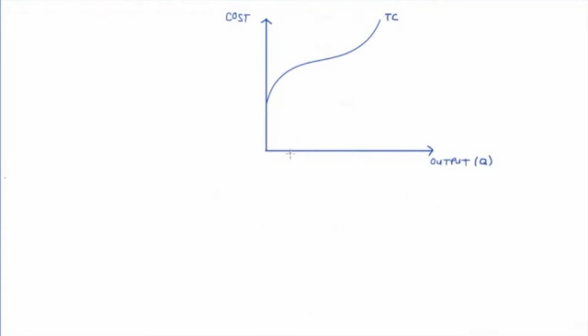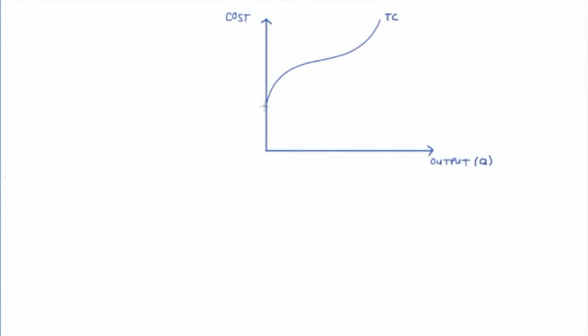So we have our TC standing for the total cost. On the x-axis you have your output, on the y-axis you have your cost. As you can see, our cost curve is upward and downward sloping. What does that mean?